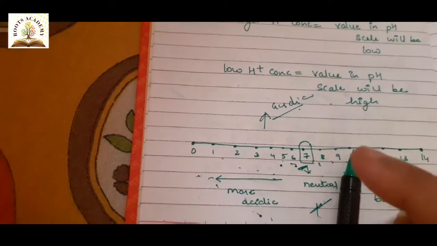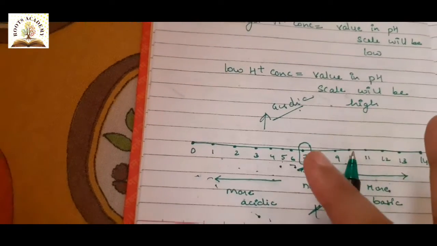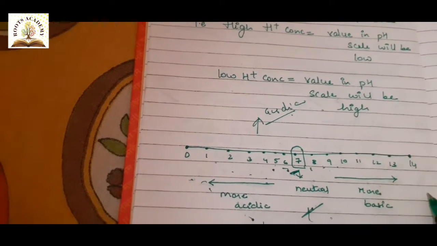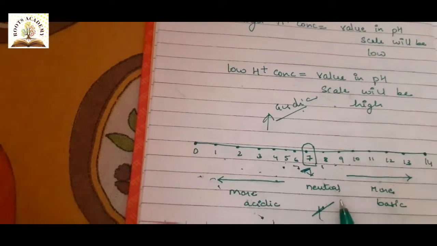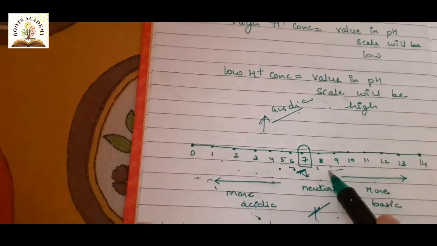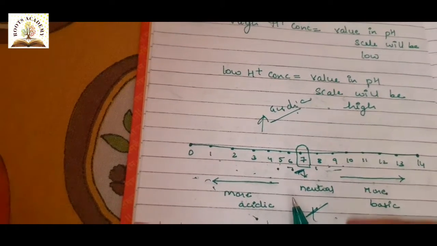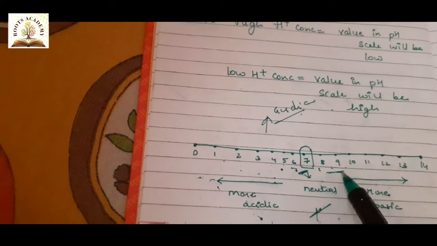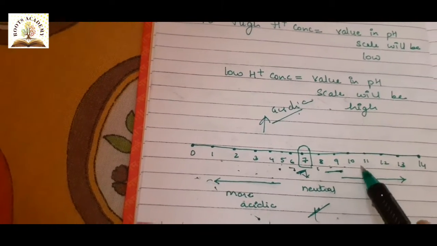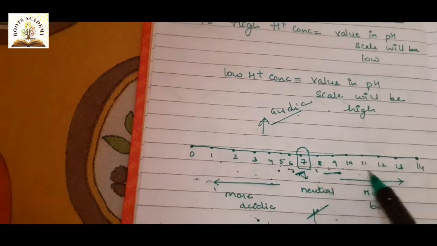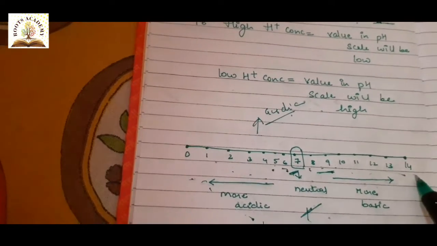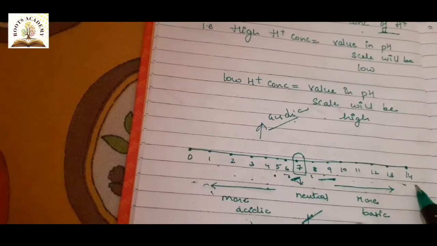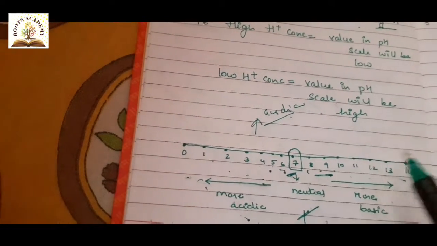If you get a reading of 8, 9, 10, the H plus concentration is quite low and the compound is basic, because this pH scale measures the hydrogen concentration. That is the reason you get this kind of reading. If you get 10, 11, 12, 13, the H plus concentration is very low and the compound is more basic.